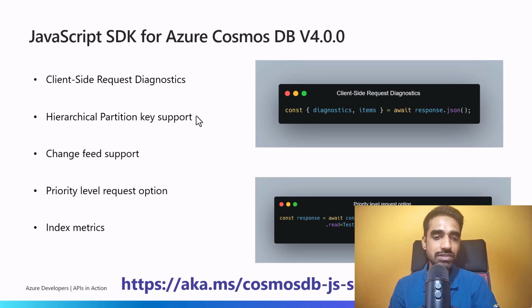We added this feature to the JavaScript SDK so that you can perform all operations with hierarchical partition keys enabled. This feature lets you build SaaS applications or multi-tenant applications, as you don't have to worry about the logical partition size, and you also have the ability to query using multi-level partition key support with the operations that you make.